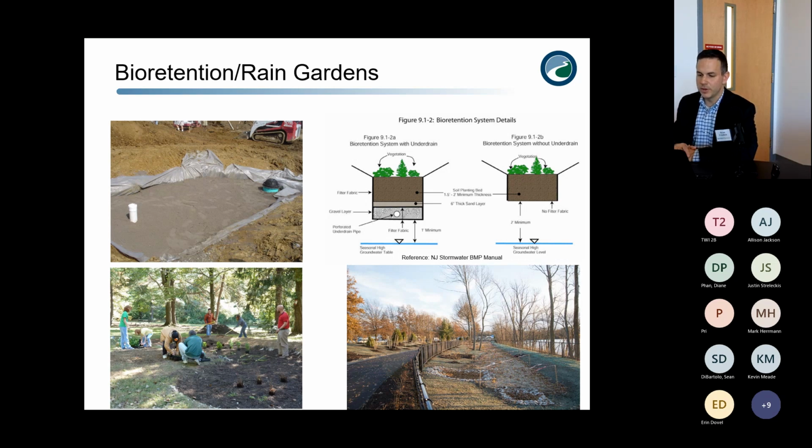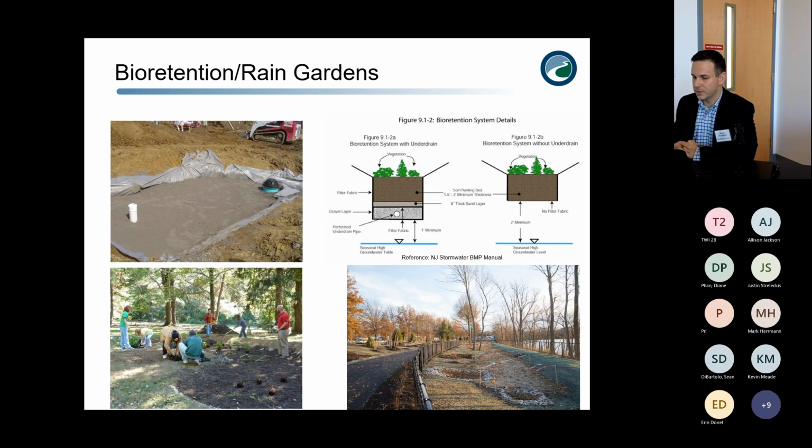But the components here are shown in the top right diagram, where you have a soil planting bed that's put in. This is an engineered mix that's a very sandy mix that allows water to move through it quickly. It's a very permeable planting bed, but it has organics mixed into it so that it supports vegetation and vegetation growth. And you can see there's two options shown there.